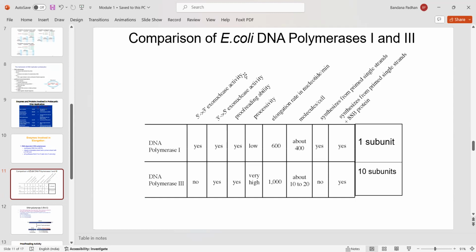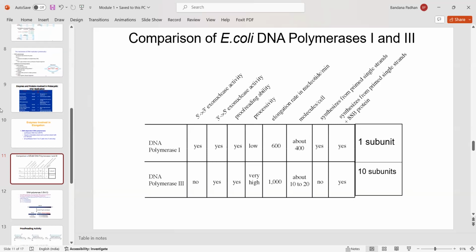Whereas DNA polymerase 3 doesn't have 5' to 3' exonuclease activity, but it has high processivity and high proofreading ability, as well as 3' to 5' exonuclease activity. It can add 1000 nucleotides per minute, and it has 10 subunits, and individual subunits have different functions.